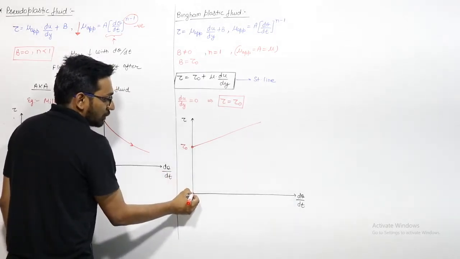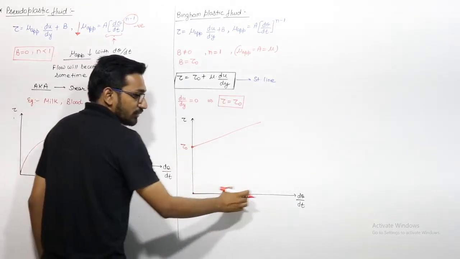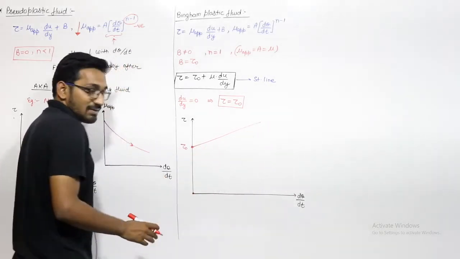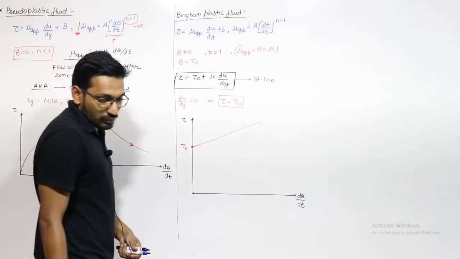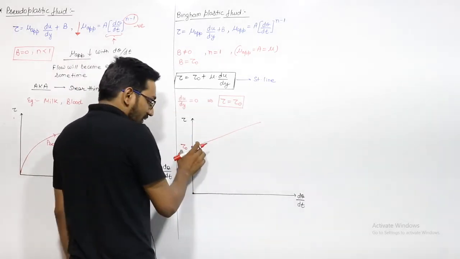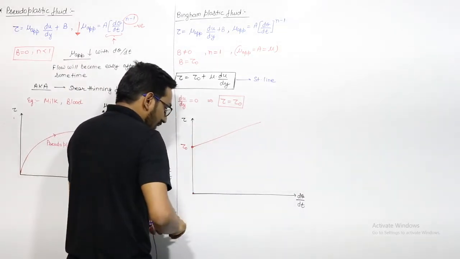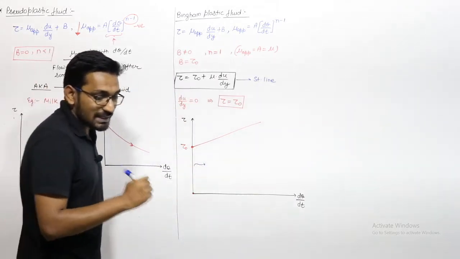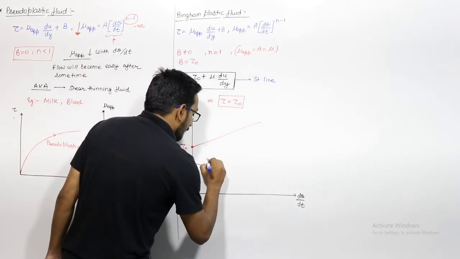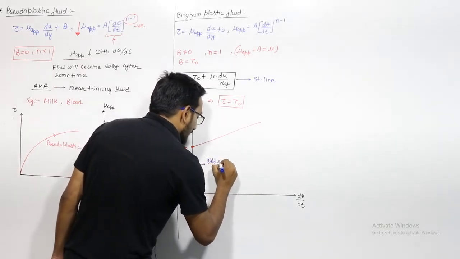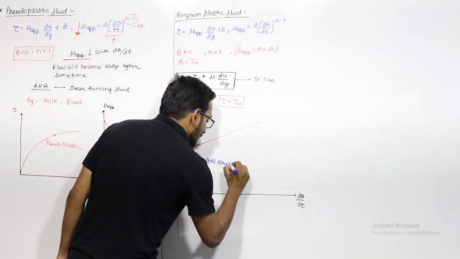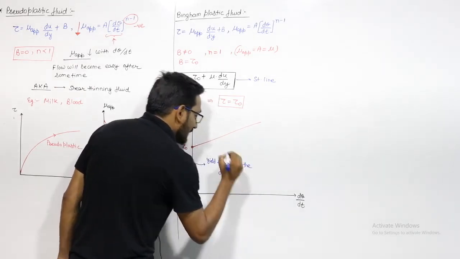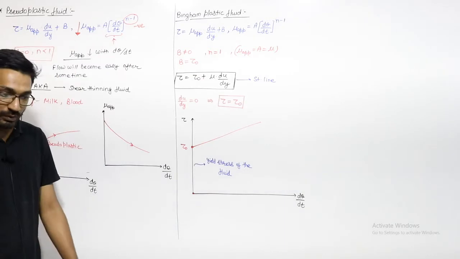So from 0 to tau naught stress, there is no flow, there is no angular deformation. After that it will be a straight line. This tau naught is known as the yield stress of the fluid, right?